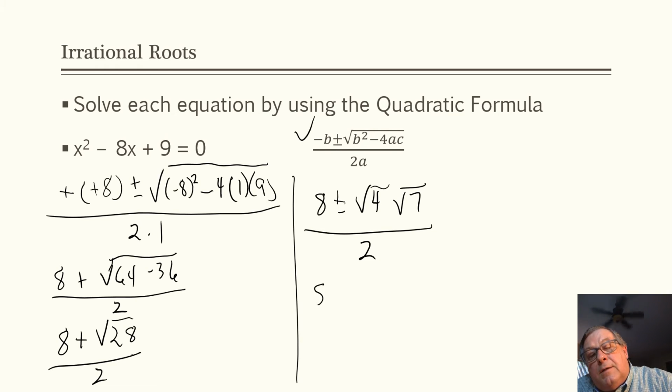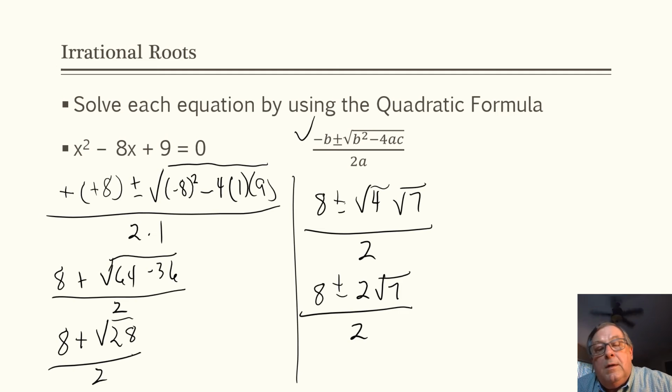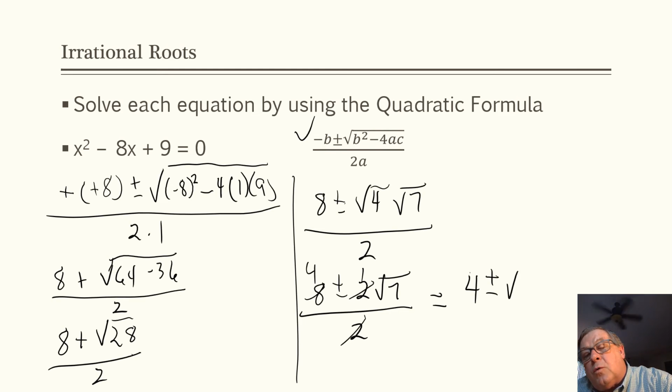And then we got 8 plus or minus square root of 4 is 2 times the square root of 7 over 2. And then I can further simplify this. 2 will go into 8 4 times. 2 will go into 2 1 time. And so my final answer here then is 4 plus or minus the square root of 7.